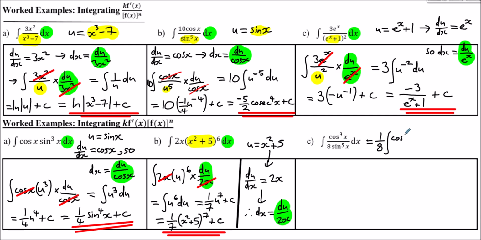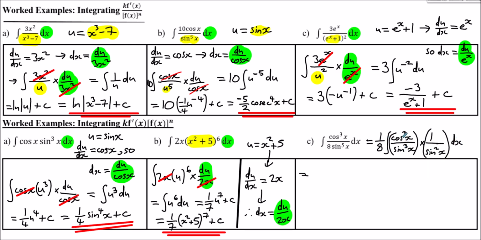Let's call that cos cubed x over sine cubed x. Match the powers up. And then I'm still going to have another 1 over sine squared, all with respect to x, of course.